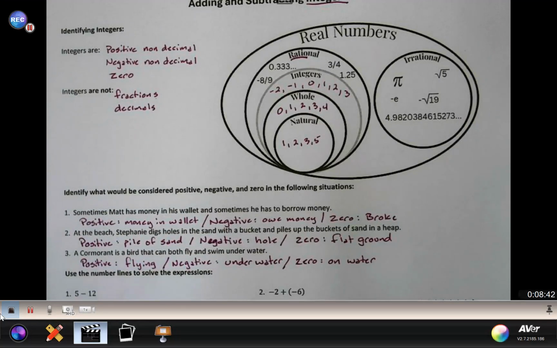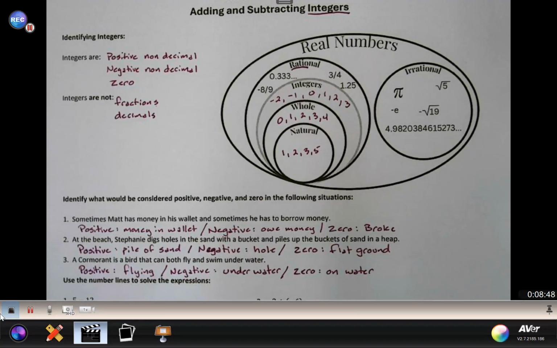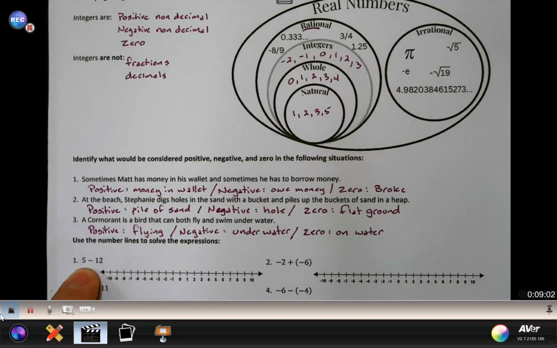So why do I bring up these 3 situations? Well, sometimes when you're dealing with positive and negative integers, and you're adding and subtracting them, you get the rules a little bit messed up in your head. So it's nice to have some way to go back and think, okay, this problem says 5 minus 12.